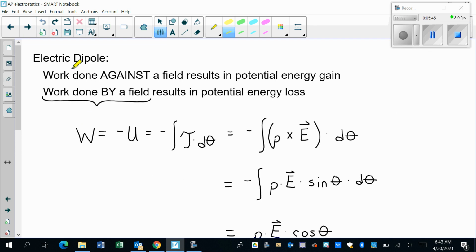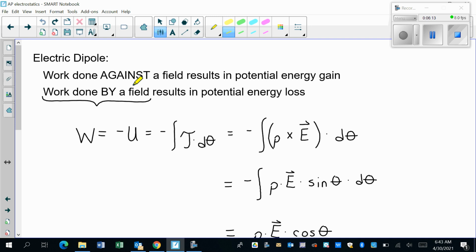So if we look at an electric dipole in this field, we know that any object, this is not an electric issue, any object, if we have work done against a field, we get a potential energy gain. I commonly reference gravity for this one. Gravity pulls down. The gravitational field is down. How do you gain potential energy? By moving something against that field so that the field later on can do work to bring it back.